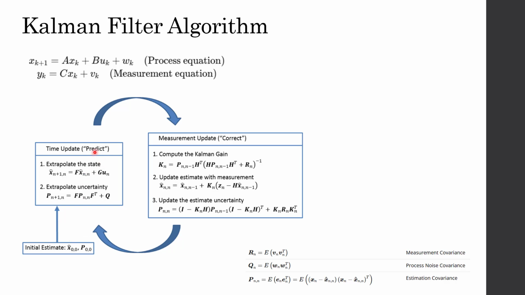First you predict the state variable, then the uncertainty, and in the second step it computes the Kalman gain.